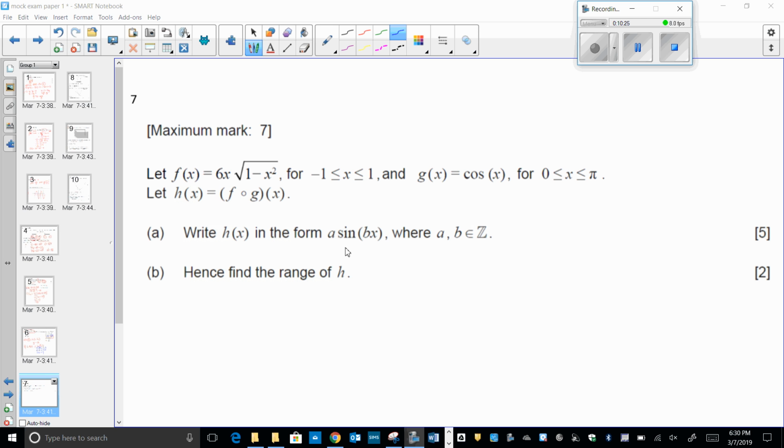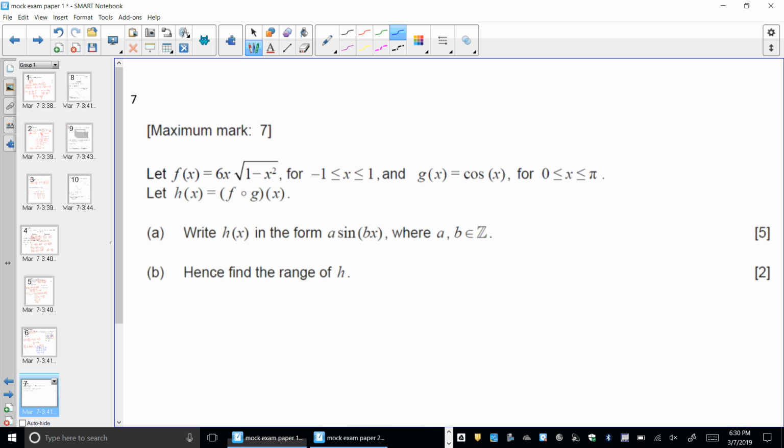Okay, right, so we've got f(x) and we've got g(x) and we're finding fog. So g is going into f. So replacing any of the x's in this function here, any of the x's is now going to be written as cos x.